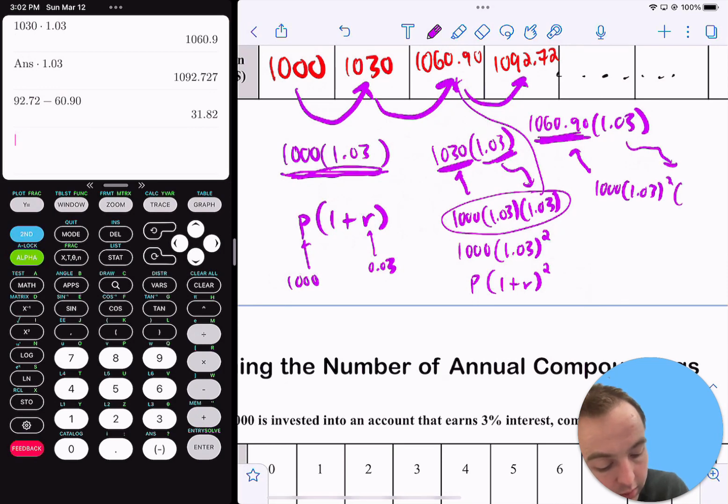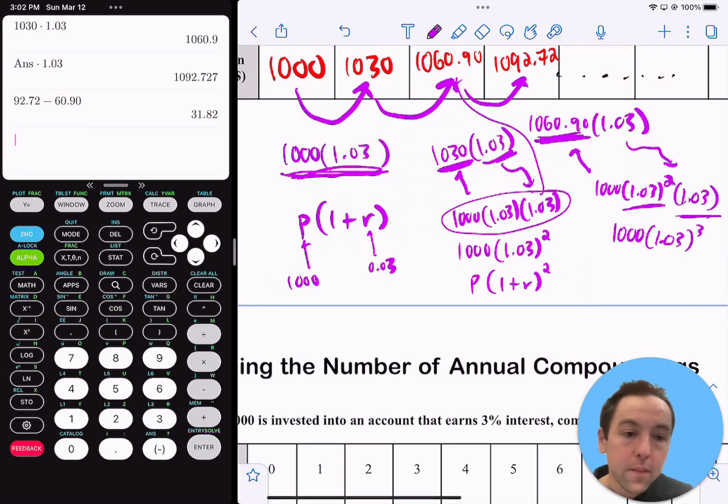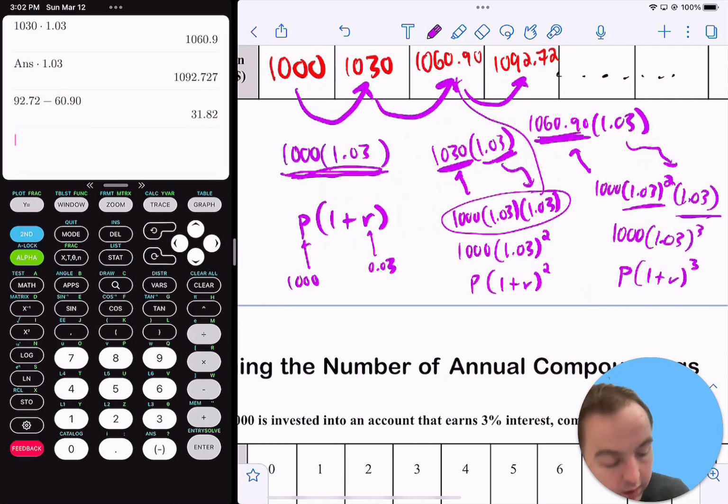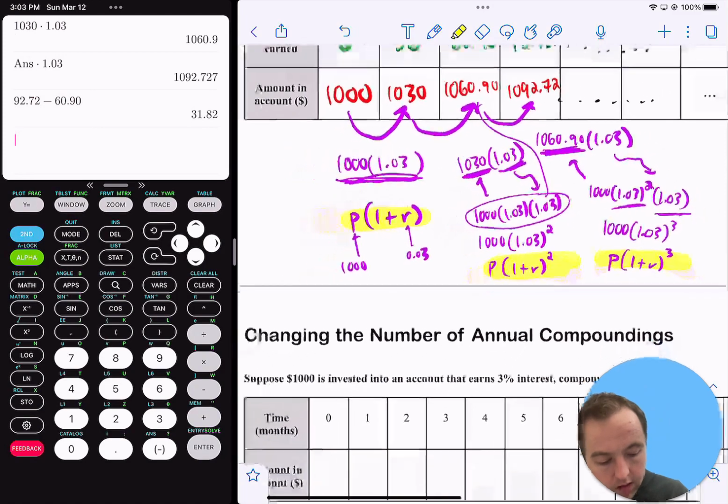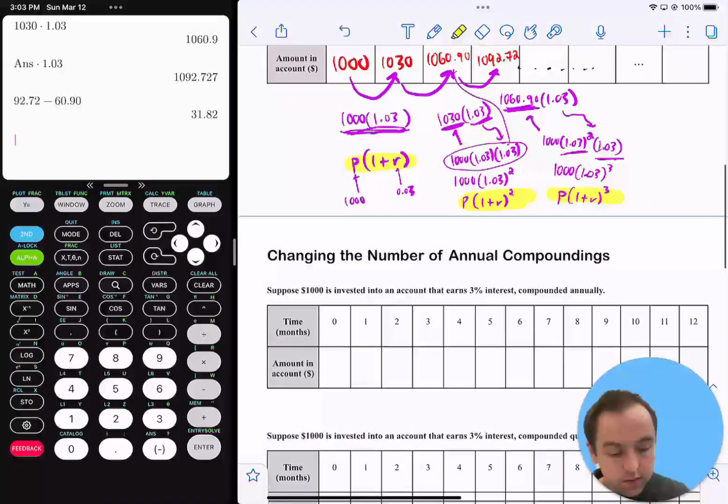And so then we're just going to multiply that by 1.03, which means that if we've got two 1.03s there and another 1.03 there, it really simplifies down to just 1,000 and then 1.03 to the third power. And so that actually just results in then P(1 + R) to the third power. So you should be able to recognize then when you look at this structure and this structure and this structure right here, that's going to really clue us into kind of a reliable formula that we can always use for compound interest, okay?